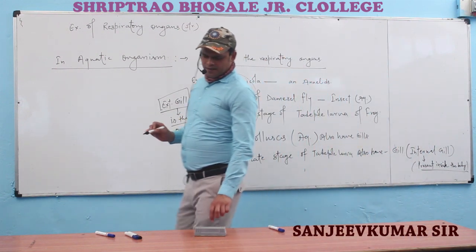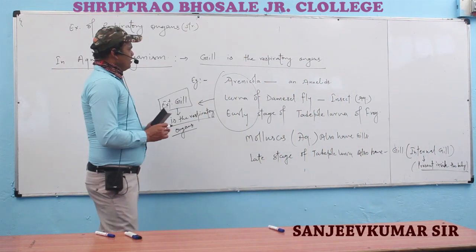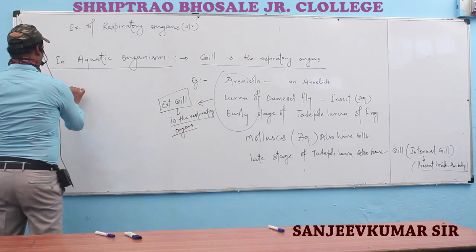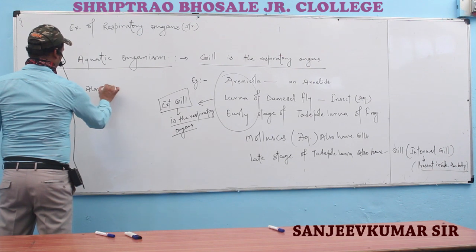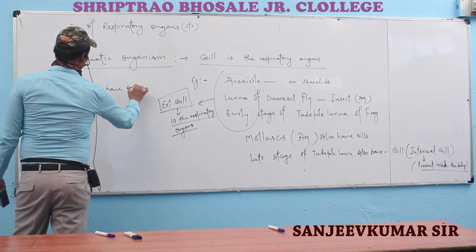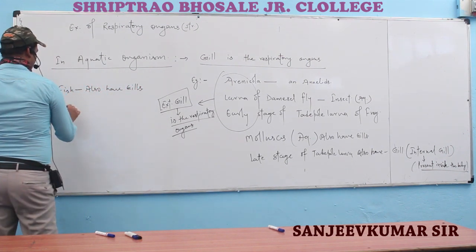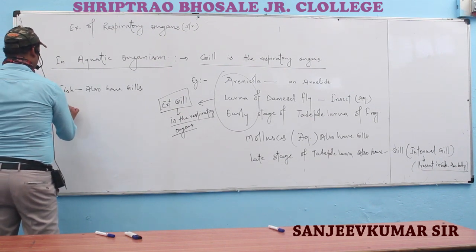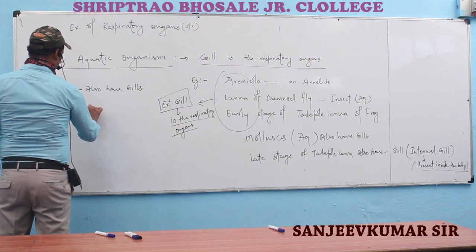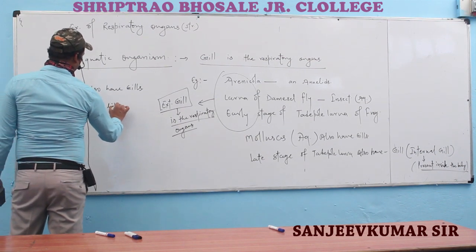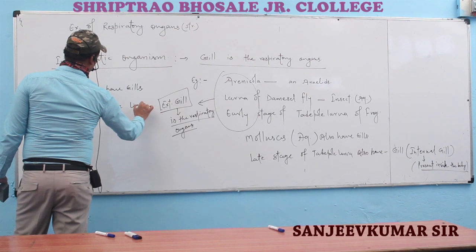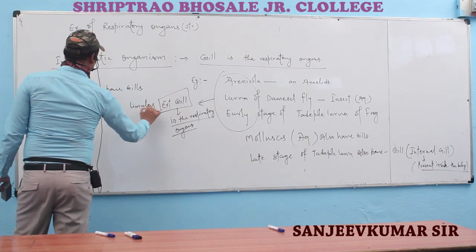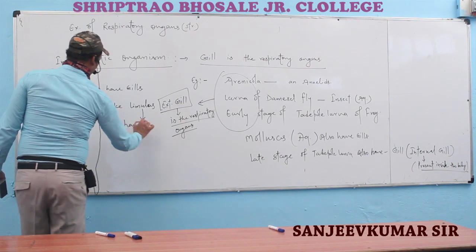So apart from this, fish also have gills, and aquatic insect like limulus have book gill.